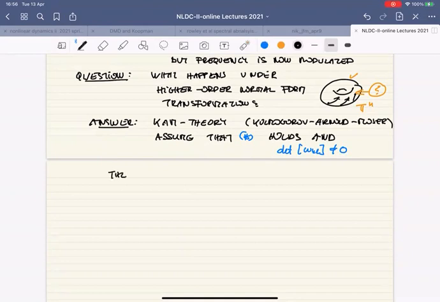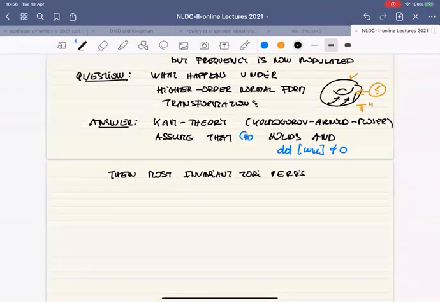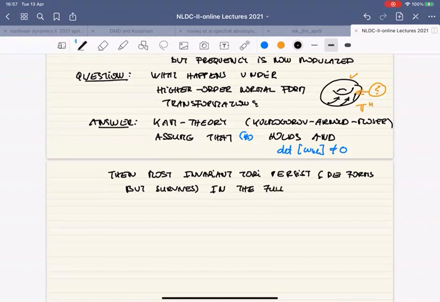Then most invariant tori, the term which I used before, persist, which means that they deform but survive, in the full Hamiltonian, at least close enough to the origin.